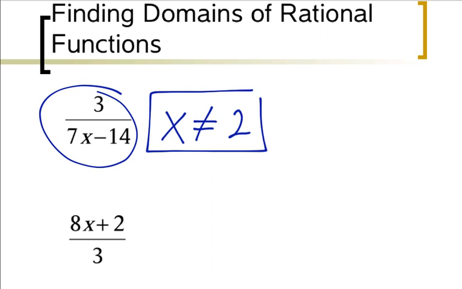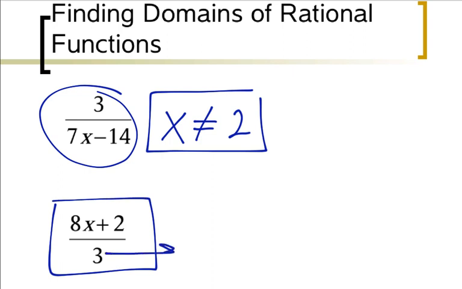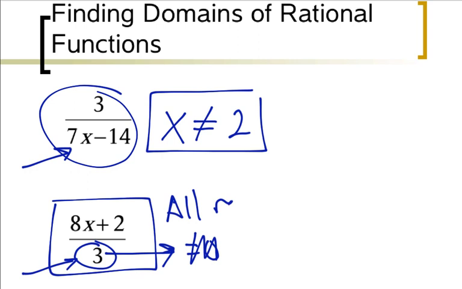Now in this next problem, we look at the denominator. Is there any way we can make the 3 become 0? If you put equals 0, it doesn't do anything for you because it's still 3. There's no variable on the bottom, whereas in the first problem there was an x on the bottom. Because there's no variable on the bottom, there is no issue. So if it asked for the domain, you would say all real numbers.